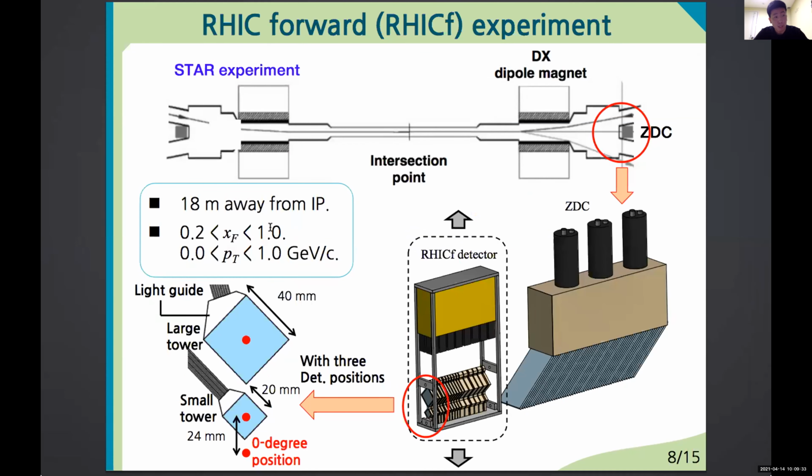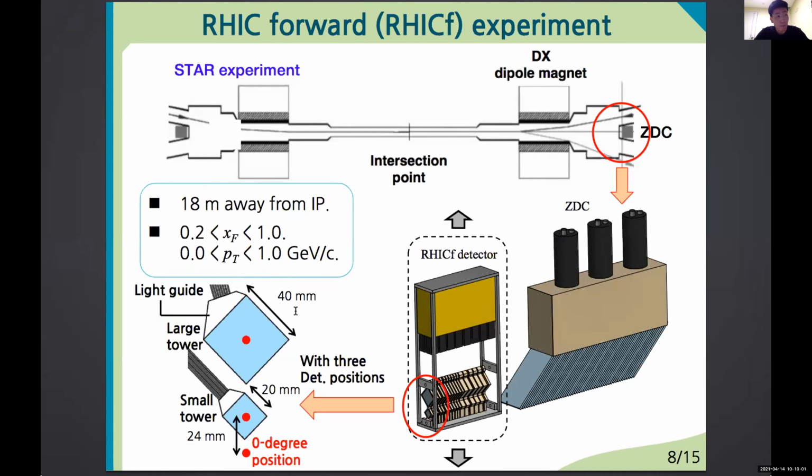This page shows the experimental setup of the LHCf experiment. The top figure is a simple view of the STAR experiment. If you see the most right side, there is a hadronic calorimeter, ZDC, 18 meters away from the beam interaction point. We installed a new electromagnetic calorimeter, the LHCf detector, here in front of the ZDC.